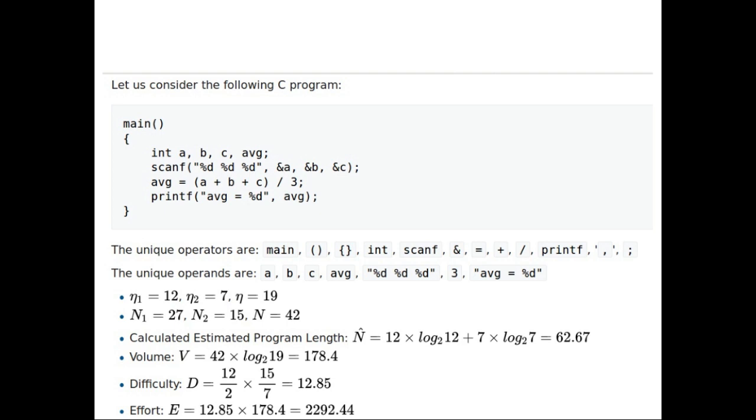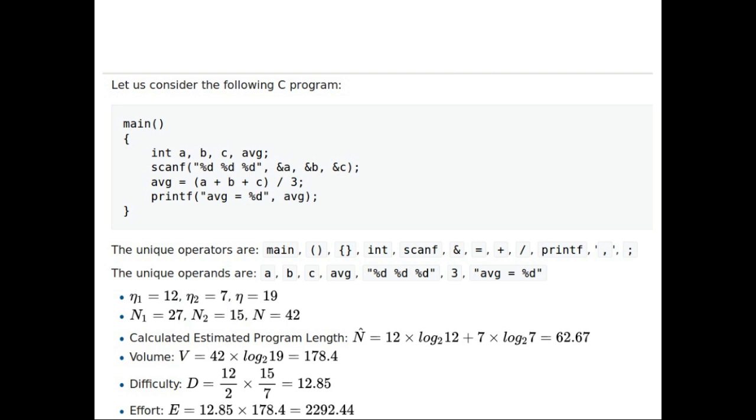Now calculating the difficulty level: the error proneness of a program is proportional to the number of unique operators in the program. Difficulty level can be calculated as small n1 by 2 into capital N2 by small n2.